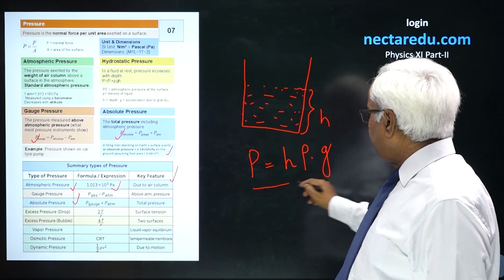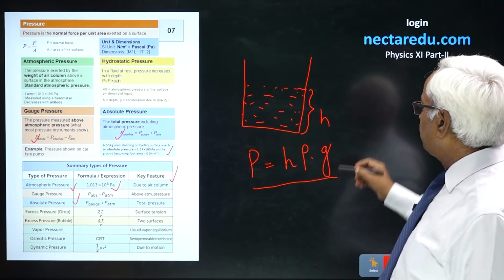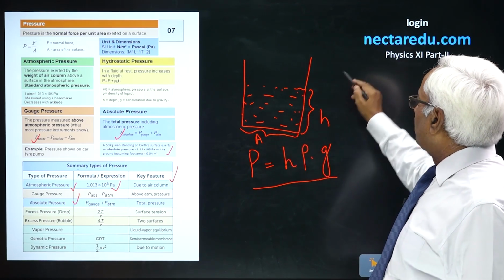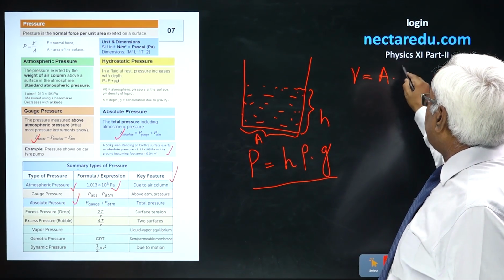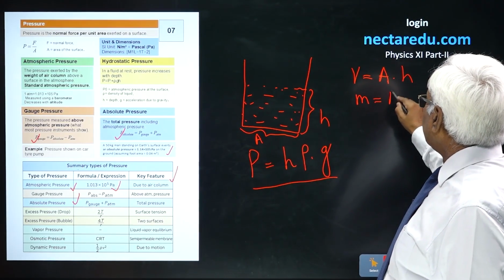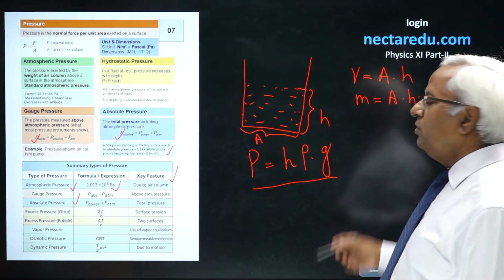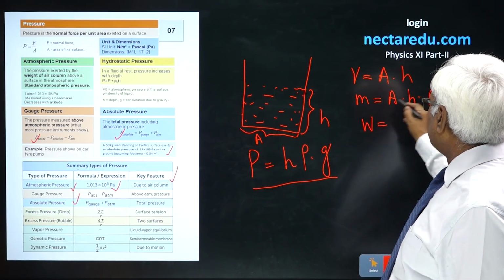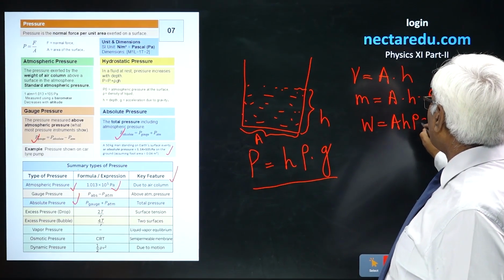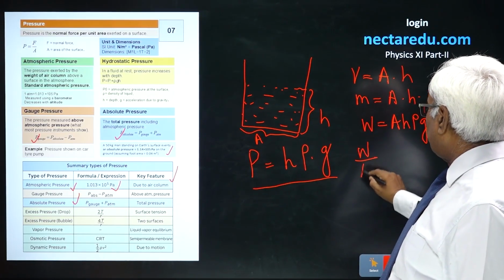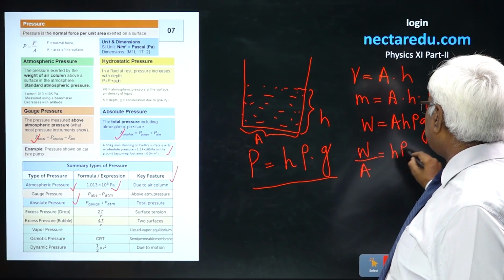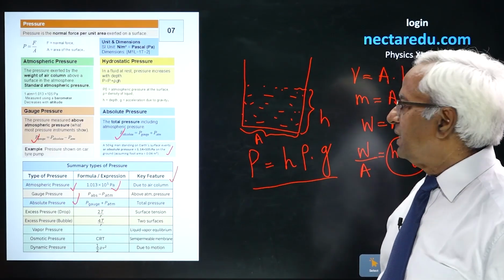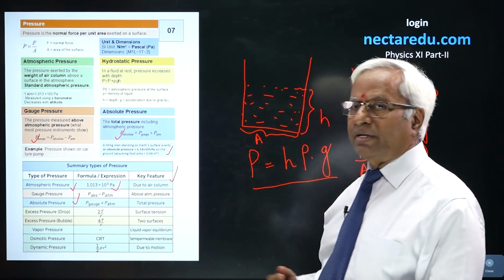Now, in order to know its derivation, let's consider the area to be A. The volume of the liquid becomes A H, mass would be A H rho, volume times density, weight would be mg, that is A H rho g. Divide weight by the area, and you are going to get the pressure. But since this is the pressure because of the liquid only, it is called hydrostatic pressure.